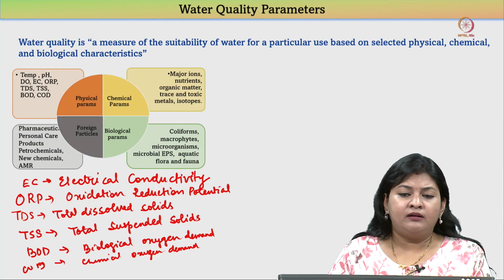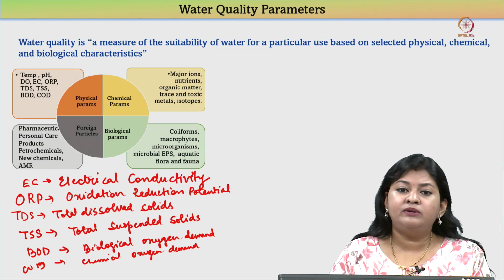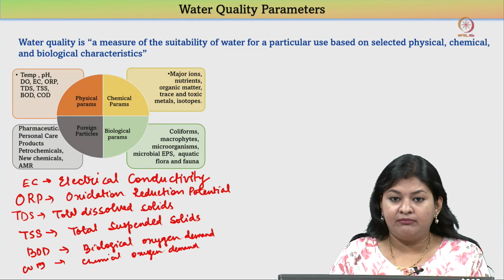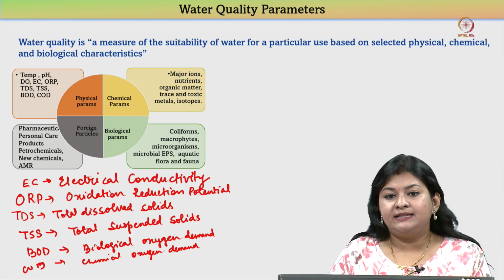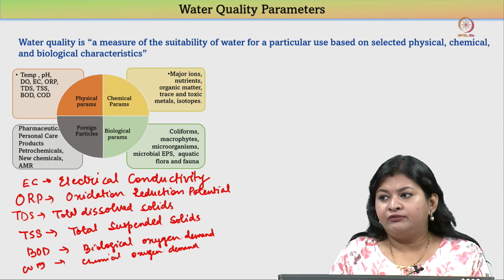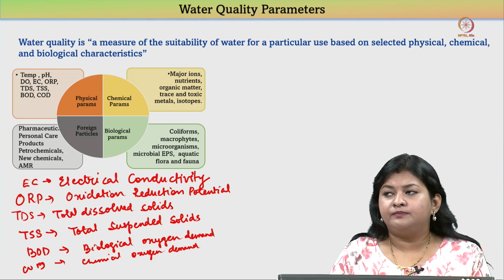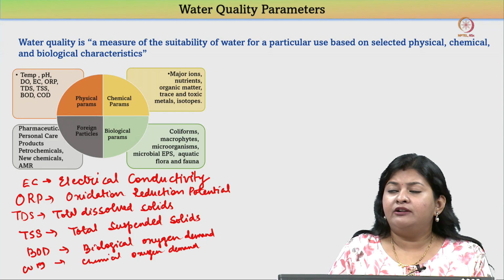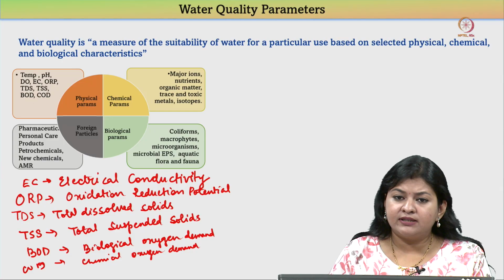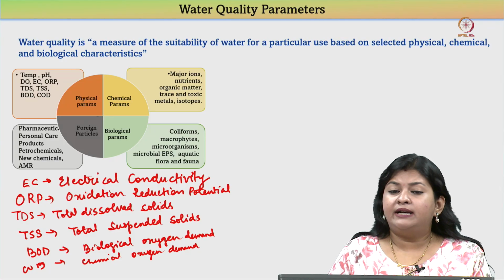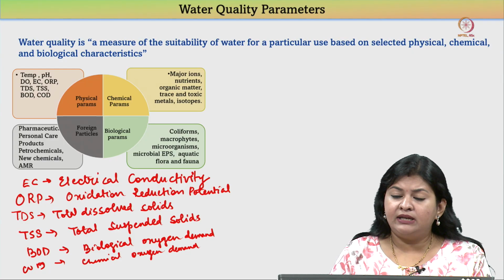Petrochemicals, okay. New chemicals, by this term new chemicals I mean an entire array of chemicals, starting from pesticides, different kinds of fertilizers, different kinds of industrial reagents that they are using, dyes that are used in the textile industry.